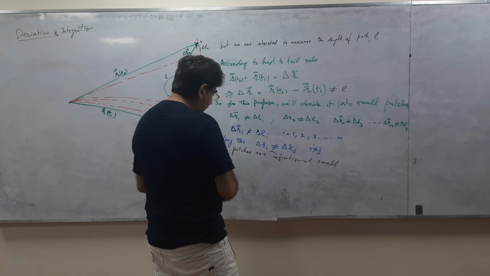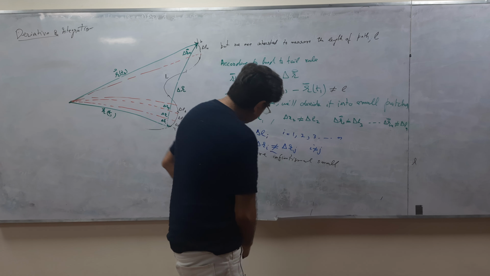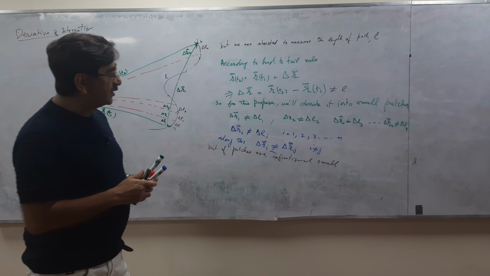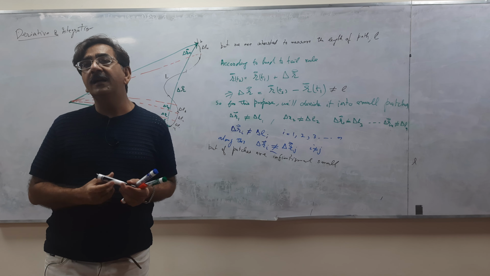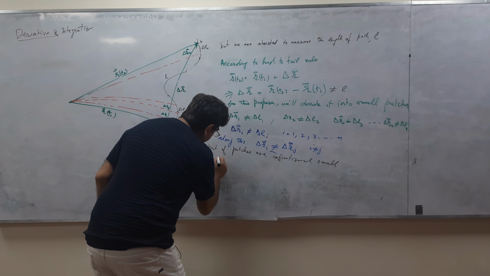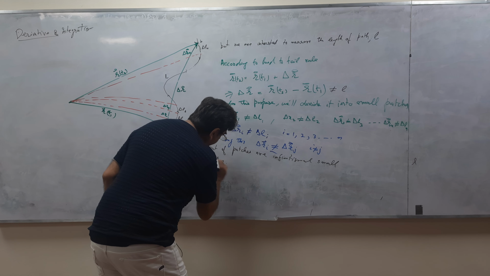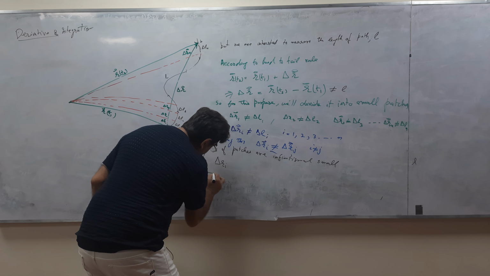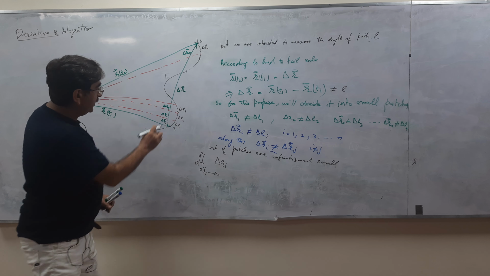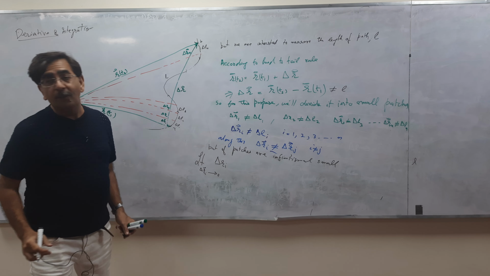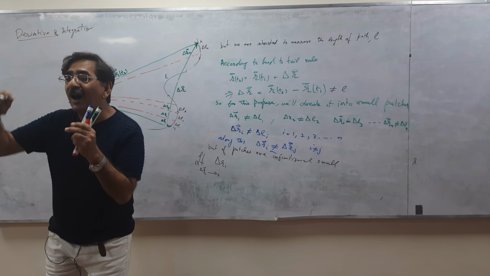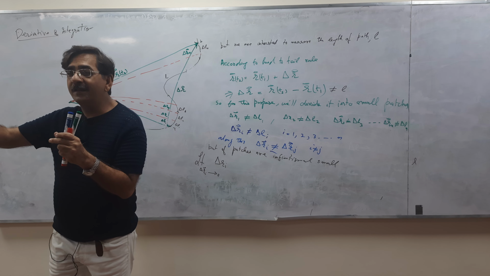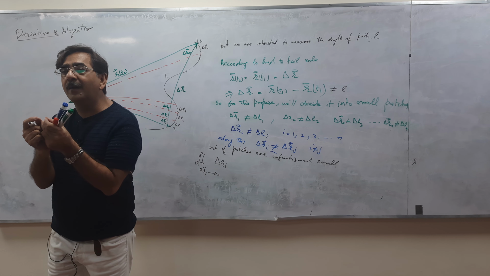So if patches are infinitesimally small, meaning delta Ri approaches 0, this length becomes so small that all these r's become equal, because it will become small.